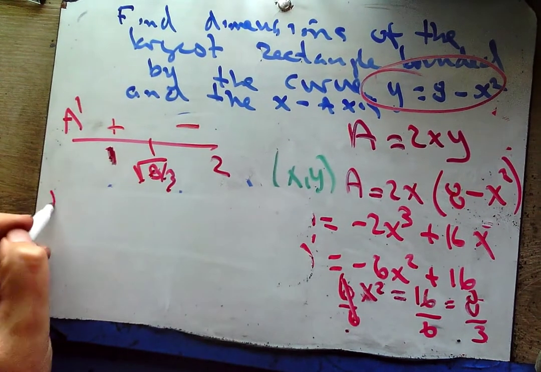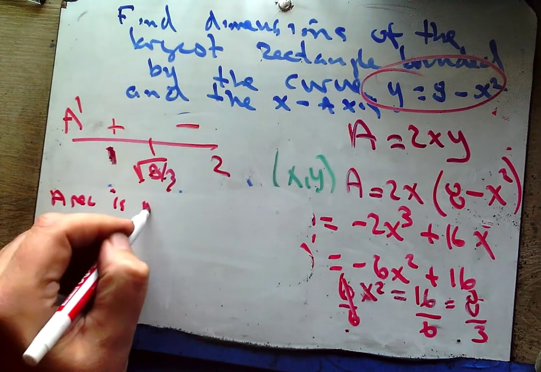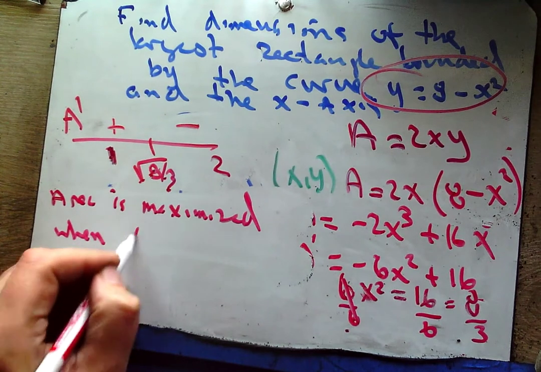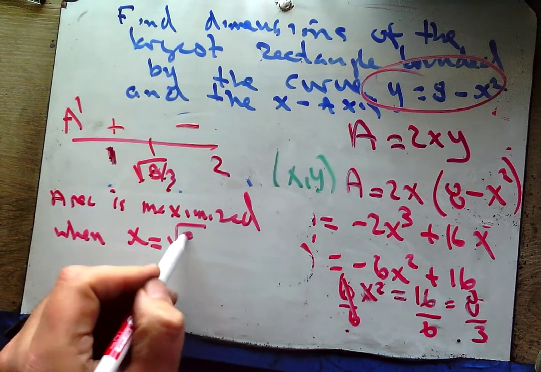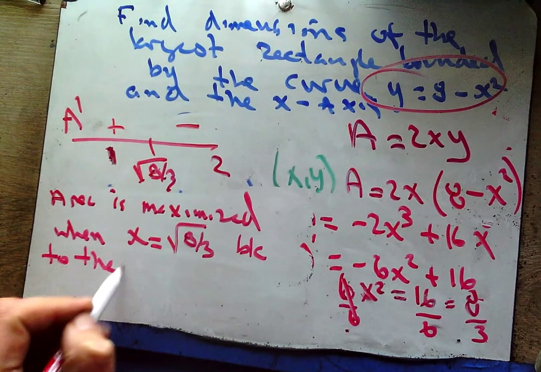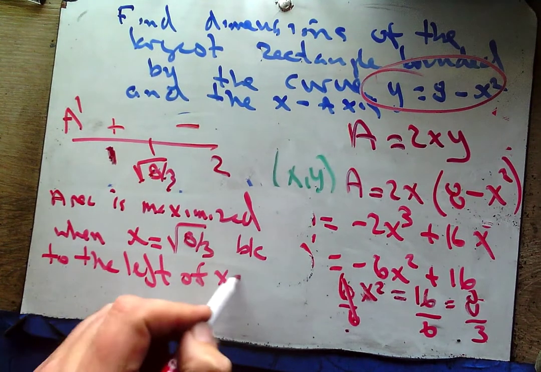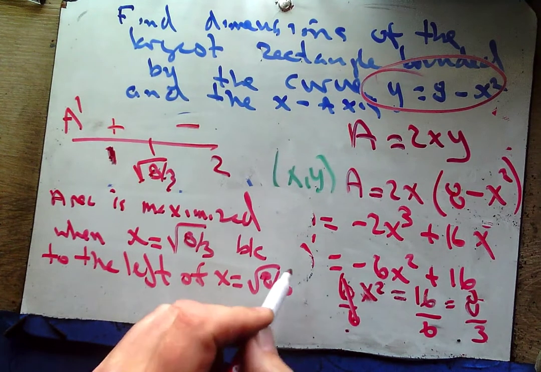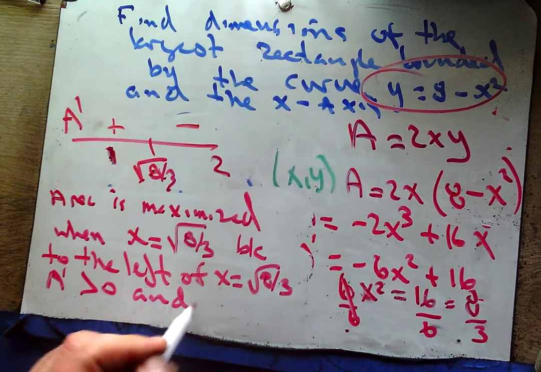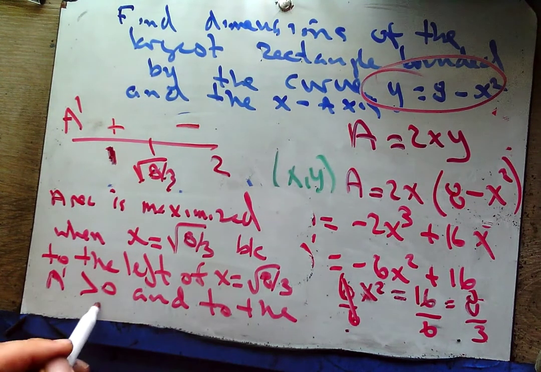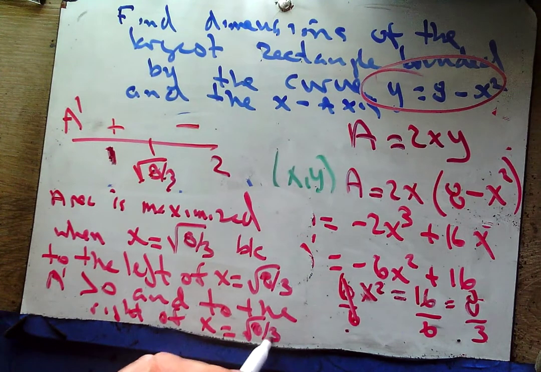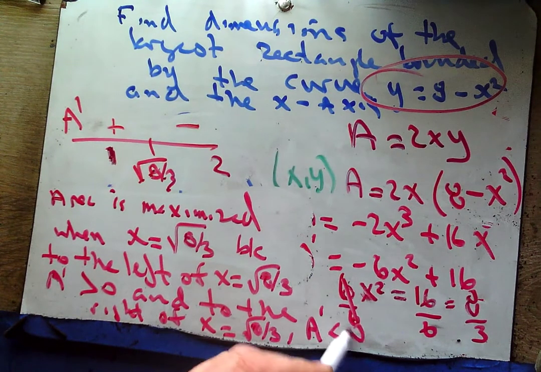I can say area is maximized when x equals the square root of 8 thirds, because to the left of x equals the square root of 8 thirds, A prime is greater than 0, and to the right of x equals the square root of 8 thirds, A prime is less than 0.